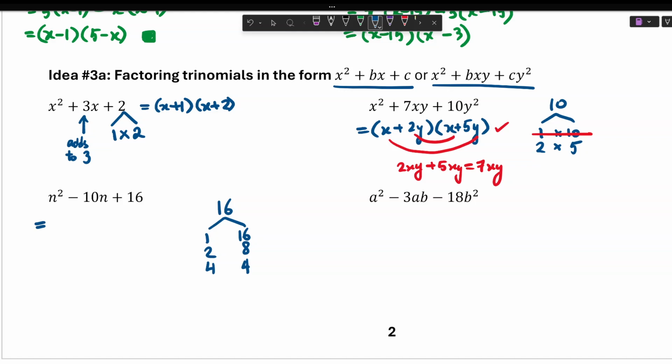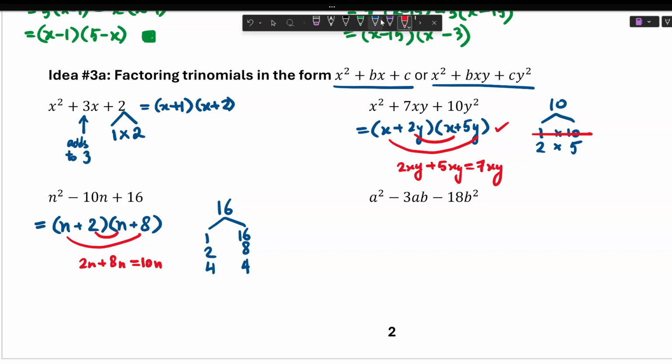You'll notice right away that 2 plus 8 does add up to 10, so that might be our solution. Let me write that down just so you see what I mean. Let's guess you have n from n squared, and for 16 you have 2 and 8. If you do this, you'll see that's 2n plus 8n, which is 10n. That's almost correct, except it's positive, but we really wanted negative 10n.